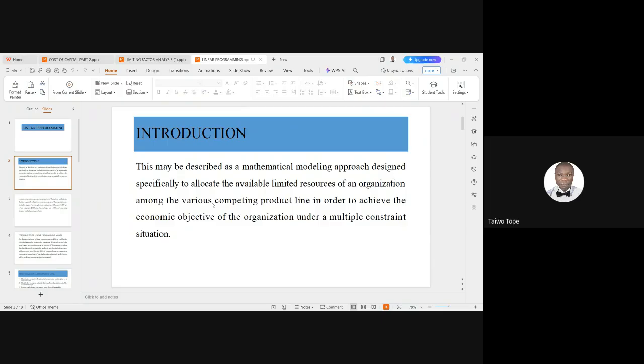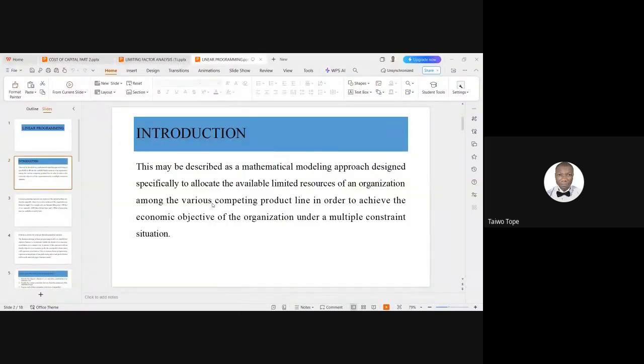Linear programming is a quantitative decision-making technique used to determine the best possible outcome, subject to what? Limited resources.